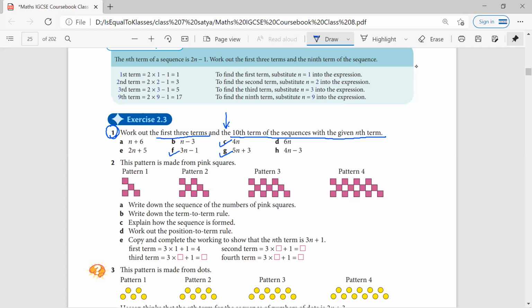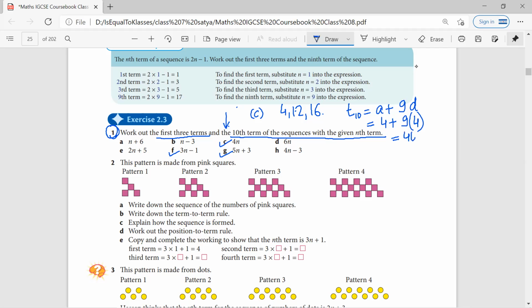Okay, Mr. Satya. C part. In the C part, I first found the first 3 terms. So the first is 4, then 12, and then 16. Then I did T10 is equal to 4 plus bracket 9 into 4. Then my answer was 40.